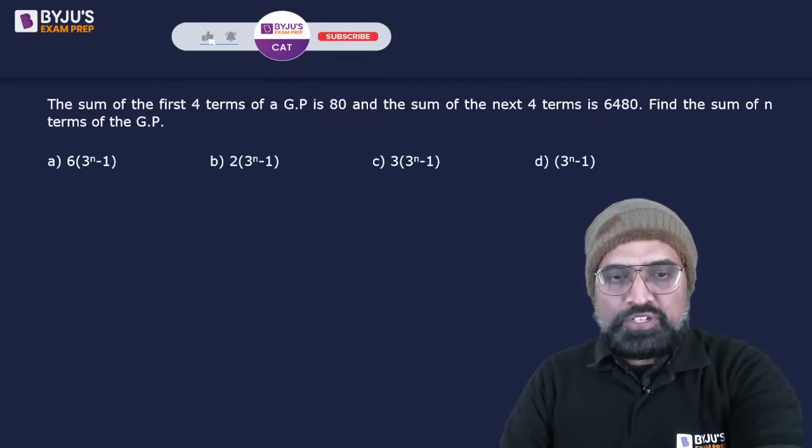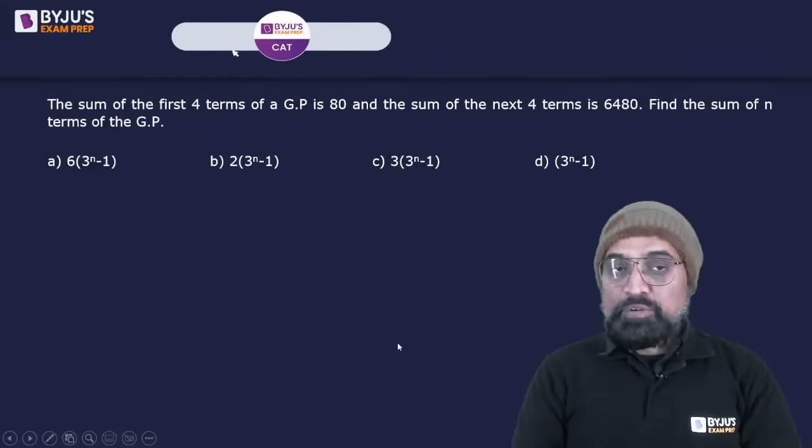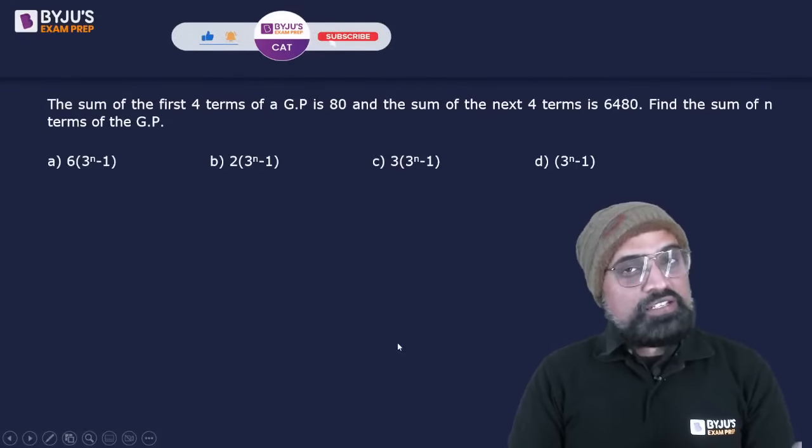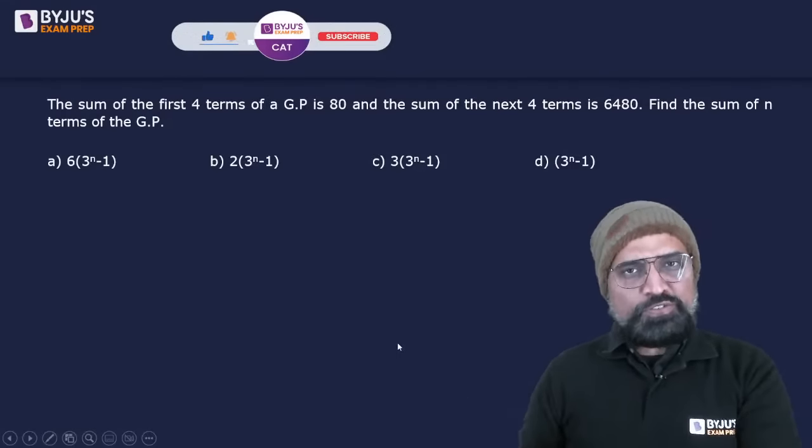There can't be an easier question than this. The sum of first 4 terms is given. Sum of n terms is what you need to calculate. Also, the sum of the next 4 is also given.